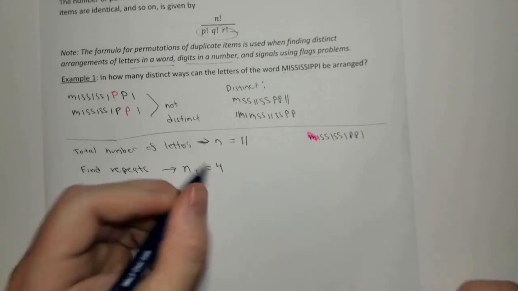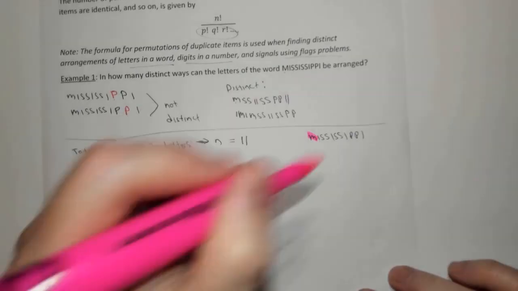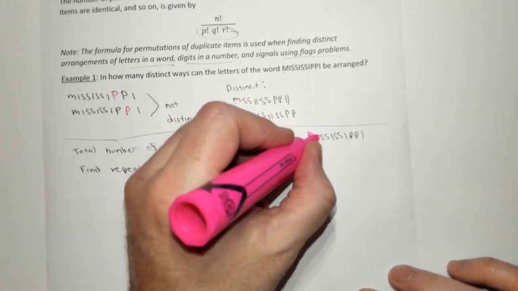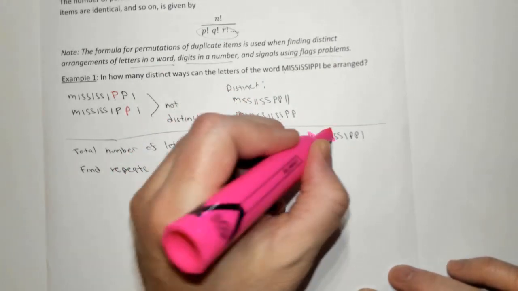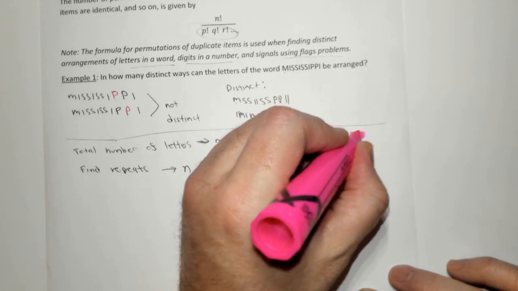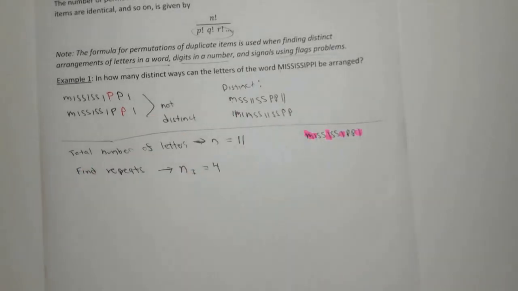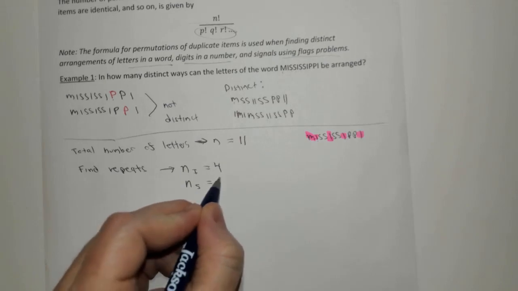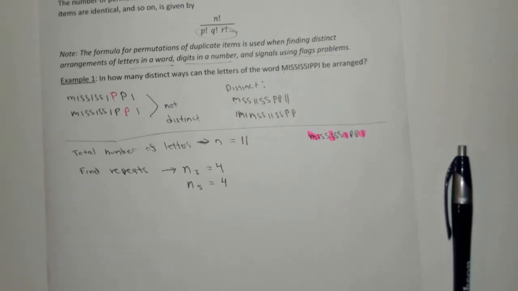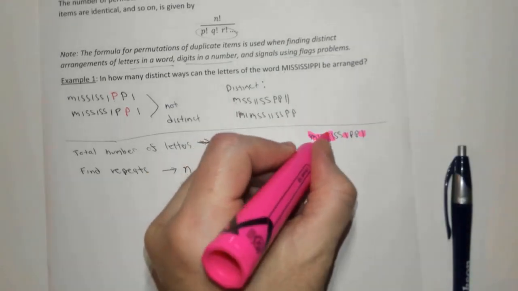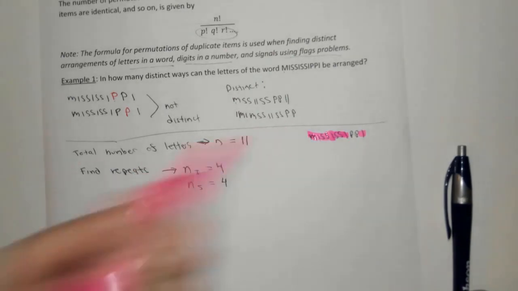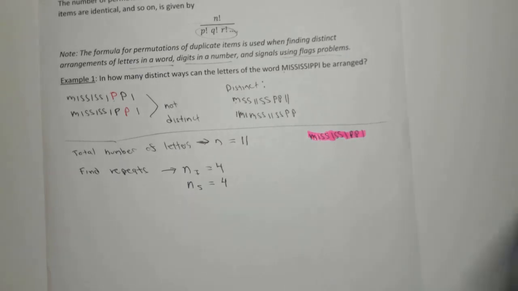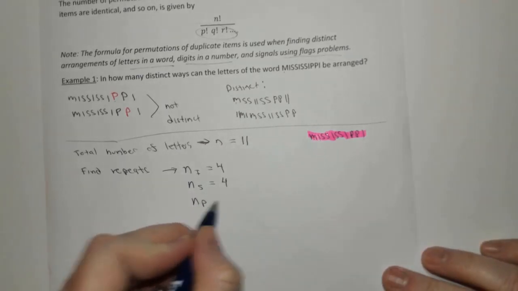So the number of I's is 4. And I'm going to highlight these as I go. You could circle them or cross them out. The next letter I get to is S. The number of S's is 4. And then the number of P's is 2.